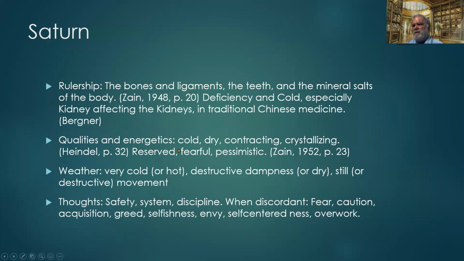The weather is very cold, and this is an amazing thing about Saturn and Mars also. Mars can cause destruction through cold, and Saturn can cause destruction through heat. I have a remarkable chart. It's not a medical chart, it's a weather chart.